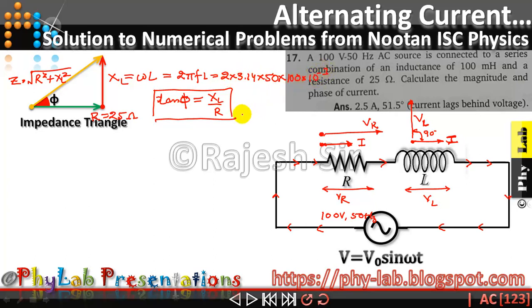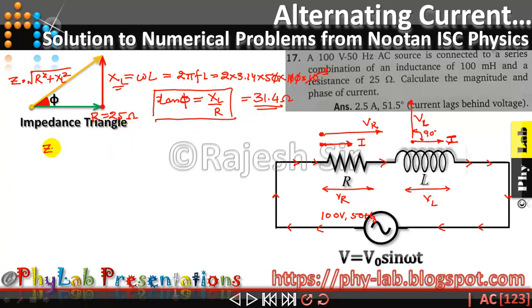Now let's solve this one. Solving it, 10 to the power of minus 3 goes up, 5 twos are 10, so that comes out to be 31.4 ohm. So you got XL as 31.4 ohm and R as 25 ohm.